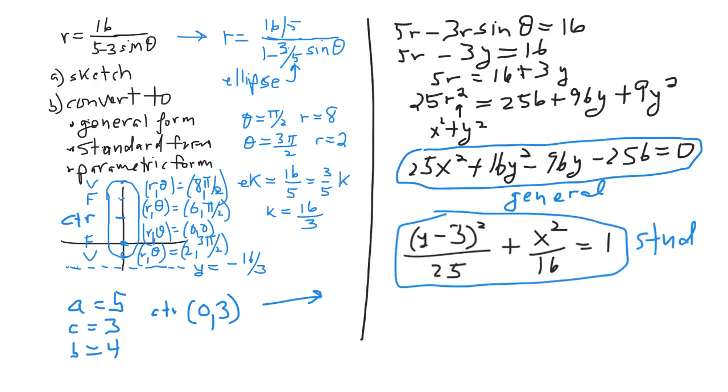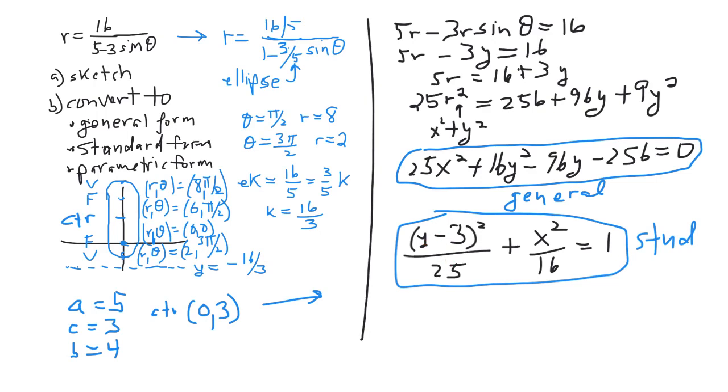Now to write my parametric form equations, I just need to remember that cosine squared plus sine squared is equal to 1, or sine squared plus cosine squared is equal to 1. It really doesn't matter which of these you make sine squared and cosine squared. Some like to always make the first one be cosine squared. Some like to be the one with the y be sine squared.